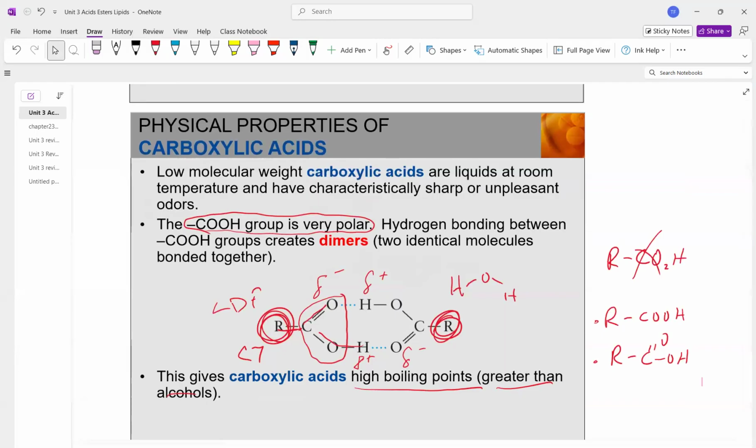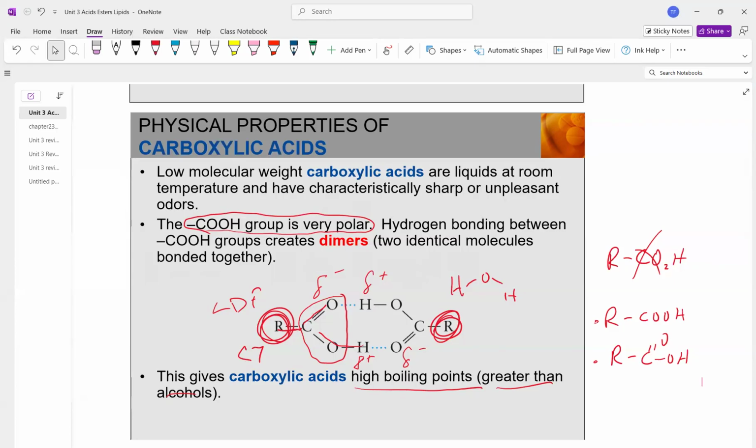Now, remember I always say that alcohols are the most polar chemicals we've studied so far. Acids are even more polar, so they're above alcohols in terms of intermolecular forces. So they like to hook up. They form something called dimers, where the two acid groups are attracted to one another.